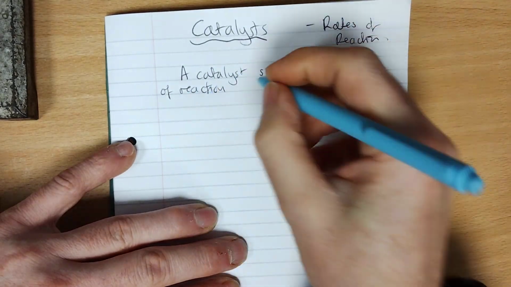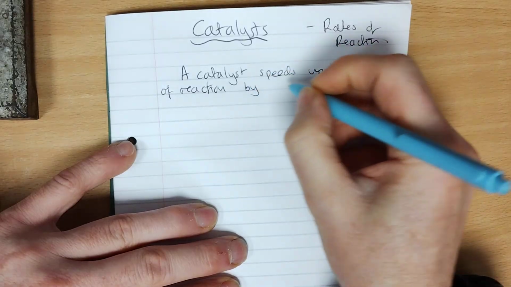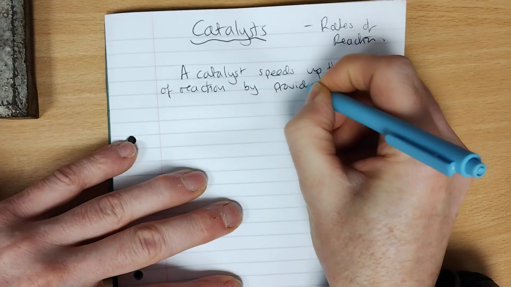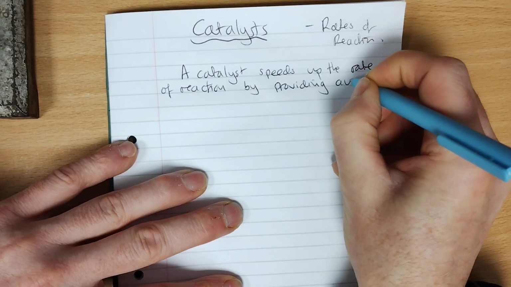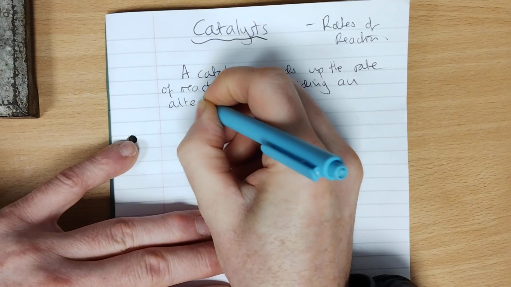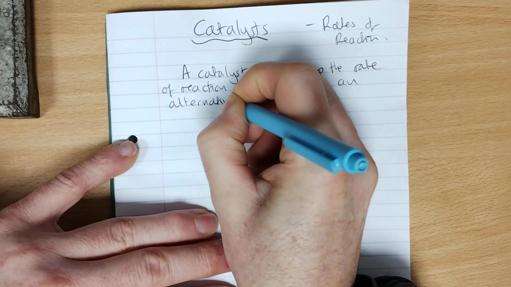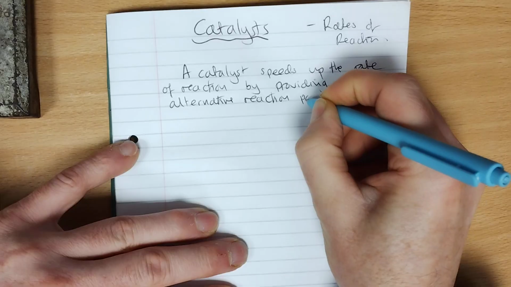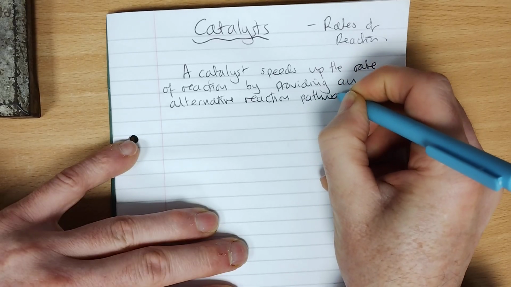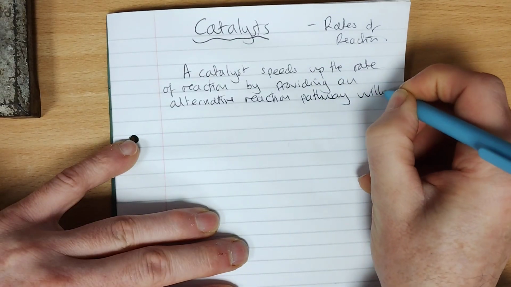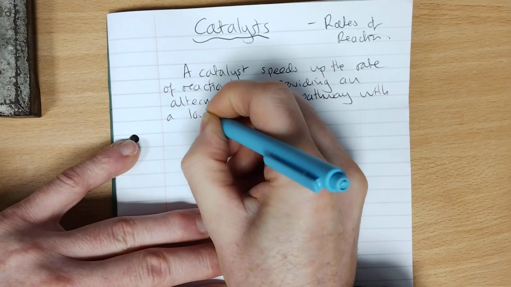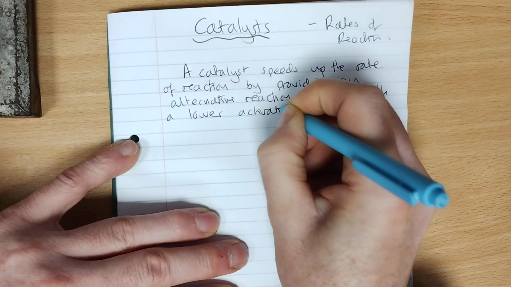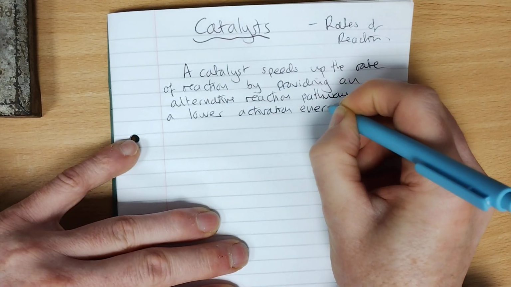Okay, a catalyst speeds up the rate of reaction by, and this is the really key phrase, providing an alternative reaction pathway with a lower activation energy.